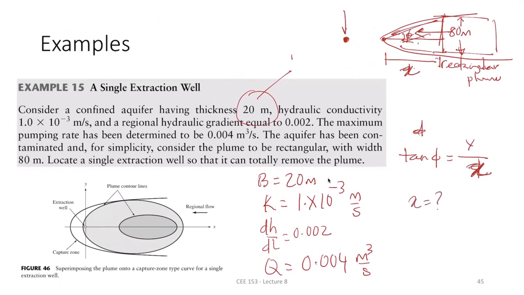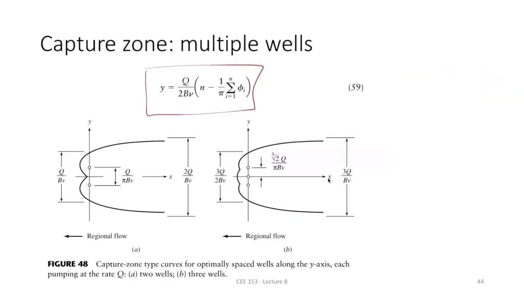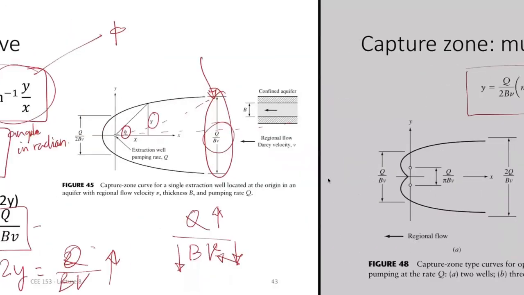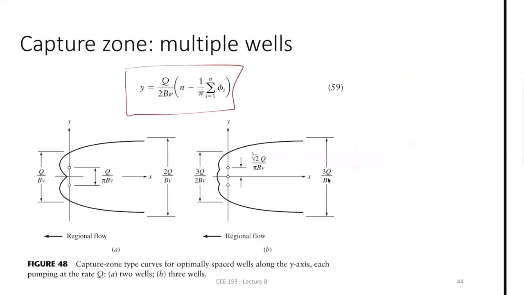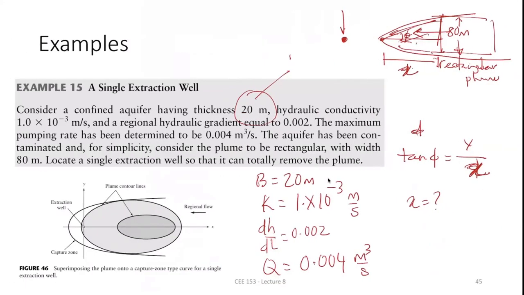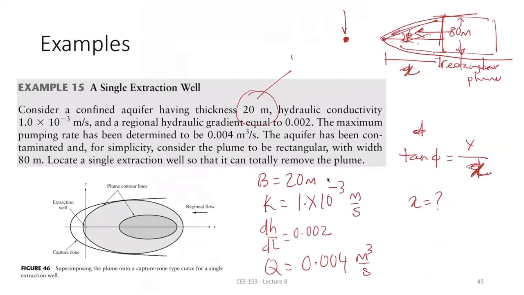If you know phi, then you will be able to calculate it. Well, how do you calculate phi? For one well, you know this answer here. All I'm asking is to calculate this value. I have given Q, I have given B, V, everything is given, so you should be able to calculate that. I strongly suggest that you look at this example in the textbook so that you know how to solve it. But I just set it up for you.